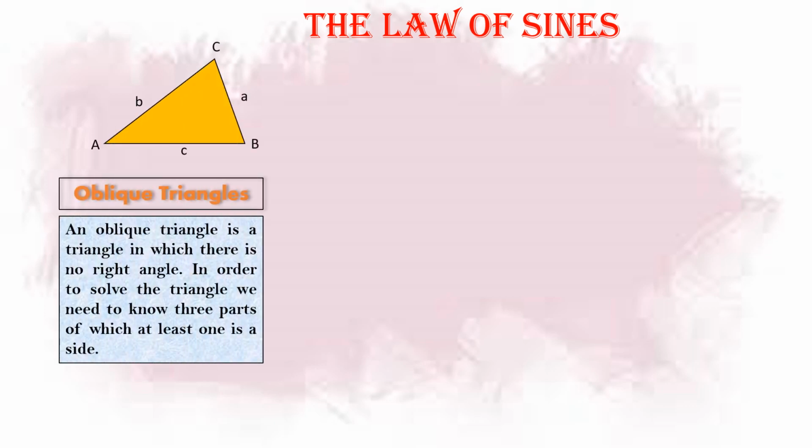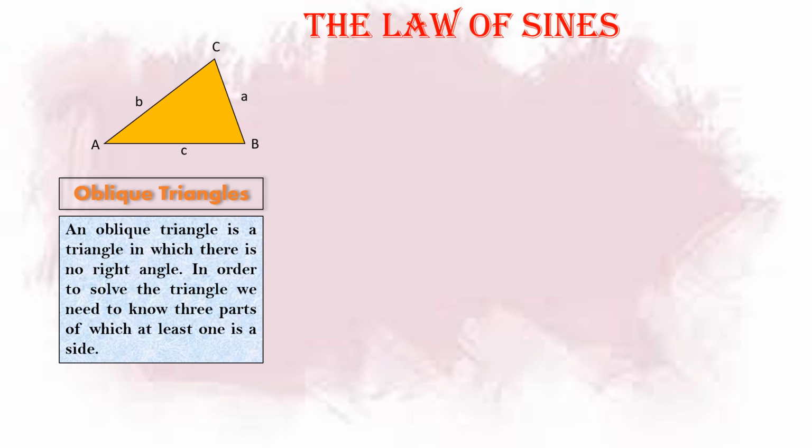An oblique triangle is a triangle in which there is no right angle. In order to solve the triangle, we need to know three parts, of which at least one is a side. So what is involved in the law of sines is the oblique triangle. Ang oblique triangle, ito ay walang right angle.